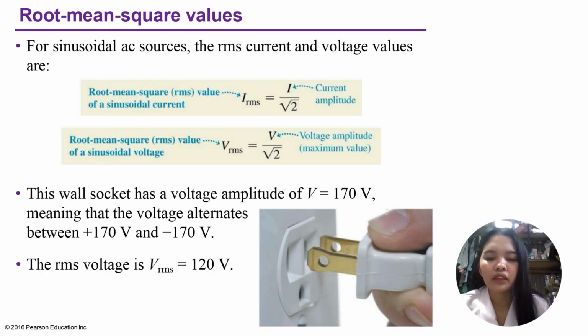For example, a standard wall socket in the US has a voltage that alternates between positive 170 volts and negative 170 volts, meaning the voltage amplitude is 170 volts. However, the RMS voltage is 120 volts, which is the value typically quoted for household electricity. RMS values are used for most AC power calculations because they directly relate to the average power dissipated in the circuit.